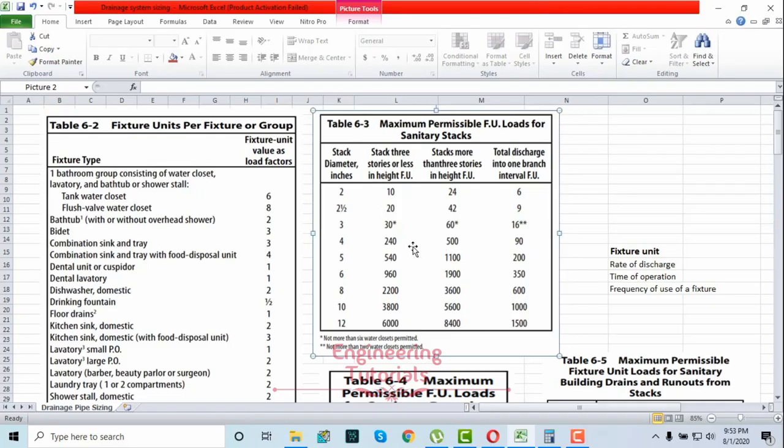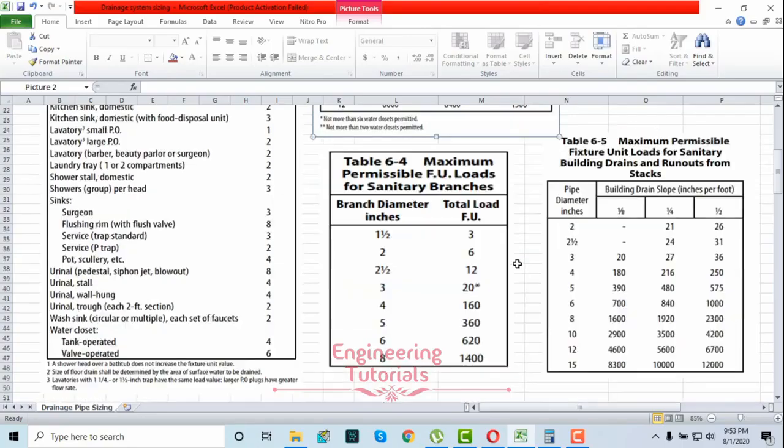If you move to the left side, you will find the stack diameter is 4 inches for the 500 fixture unit value. But you need to check one more thing in the last column, that is total discharge in each branch interval, which is 90 fixture units. This condition should be satisfied, that total discharge in one branch interval should not exceed 90 fixture units.